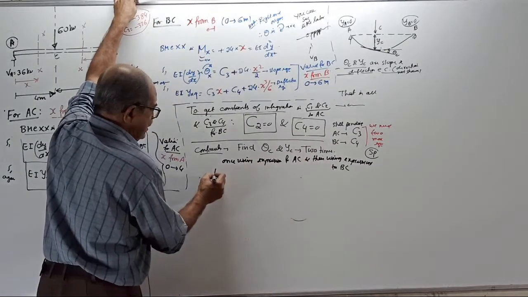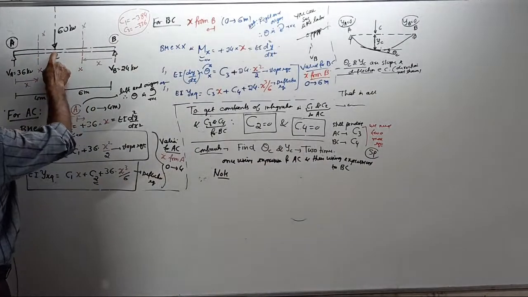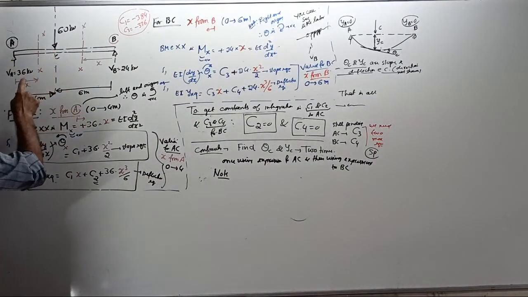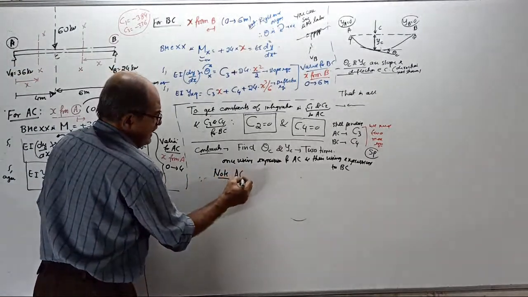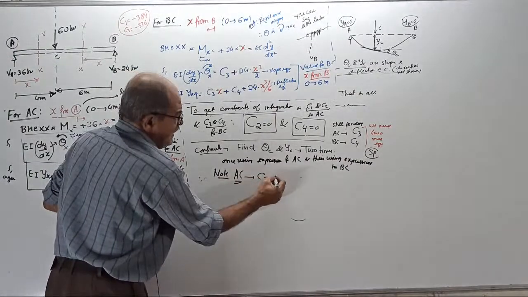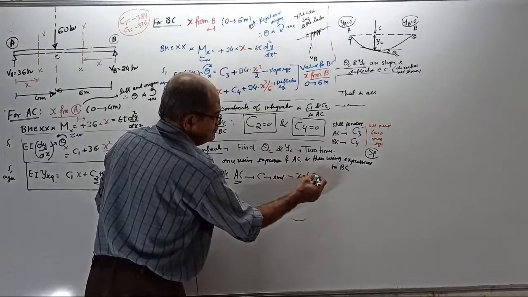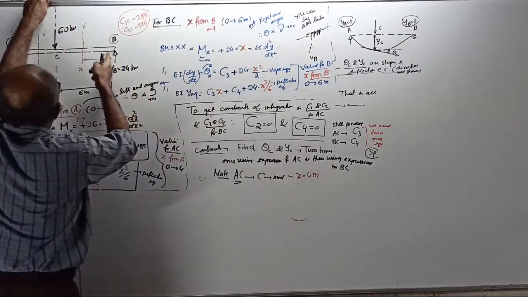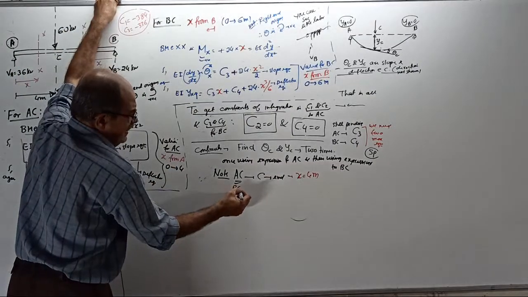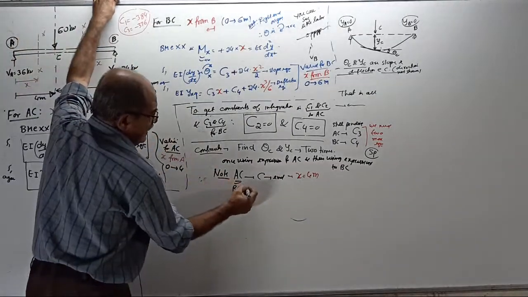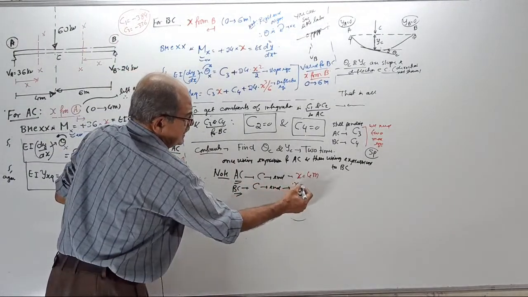One note you have to write. C is the end point of AC, so x equal to 4 from AC. When you consider AC, C is the end point, for which x equal to 4 meter. Same way, when we consider BC, x from B, again C is the end point, but x equal to 6 meter.